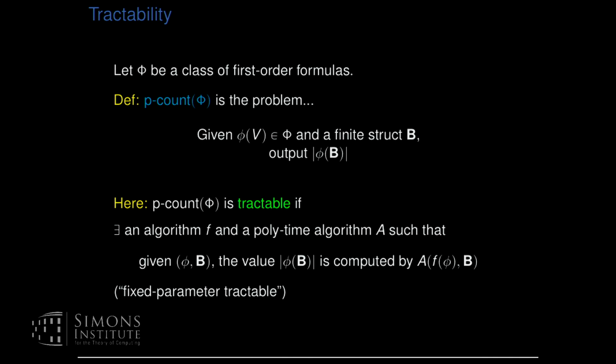There just has to be some algorithm f that's allowed to preprocess the formula, but then after that preprocessing, in polynomial time, we can compute the desired value. So f of phi could be arbitrarily big after the preprocessing. In particular, f of phi can blow up the formula exponentially or worse. So again, we relax the notion of polynomial time, but only allow this preprocessing on the parameter, which is the formula.